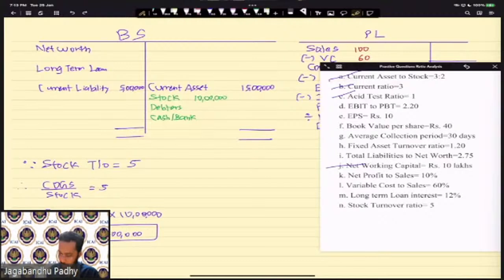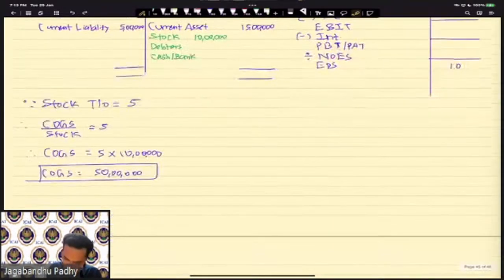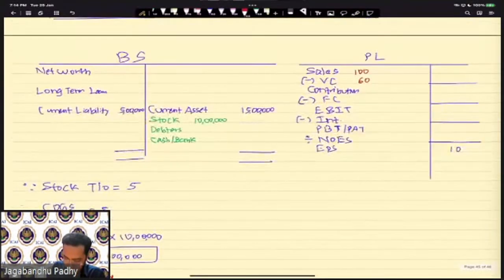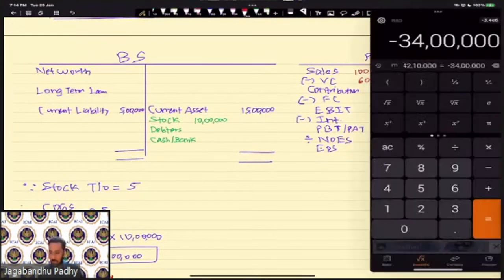There's no information about the fixed to sales ratio. So we can safely assume that this COGS is variable cost in nature.